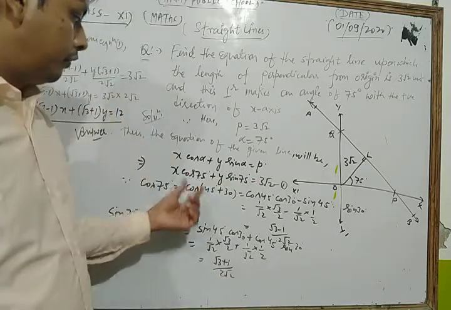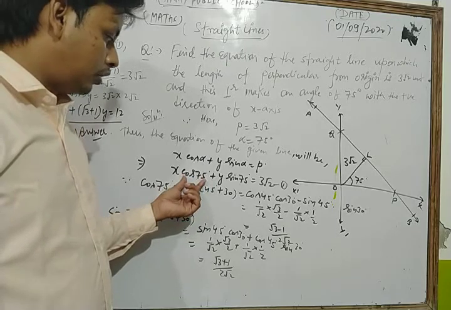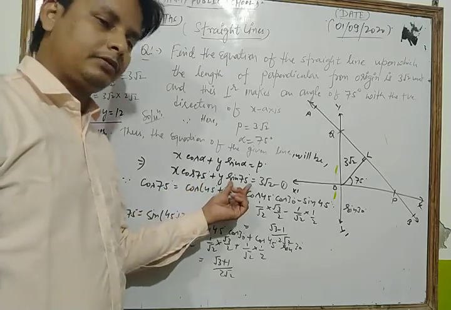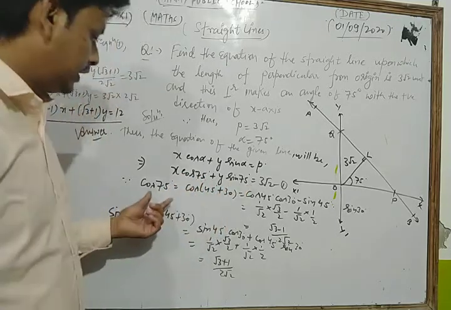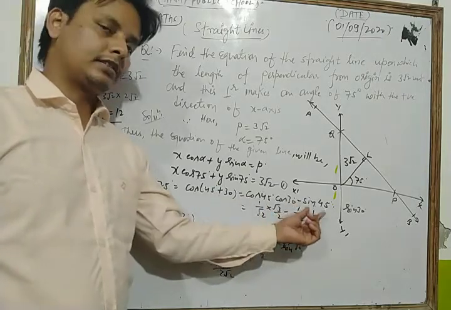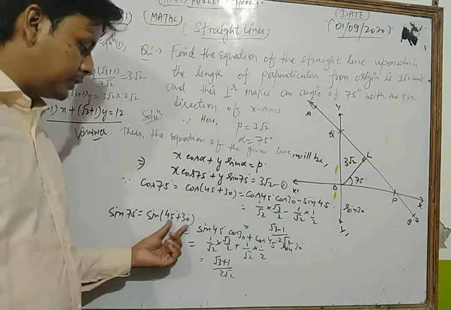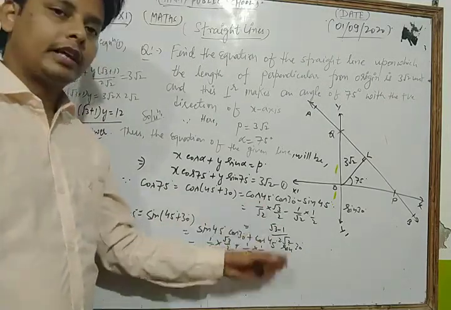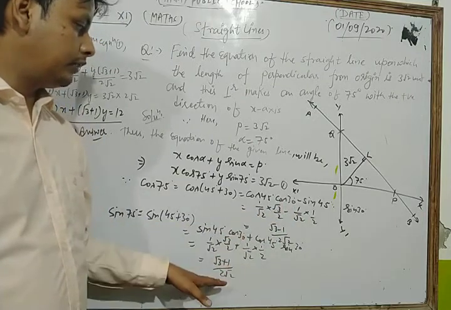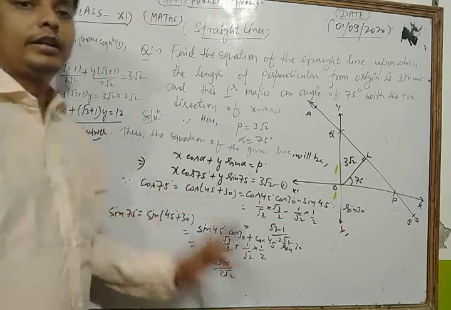After that, first we find the value of cos 75 and sin 75 according to the formula, writing cos 75 as cos (45 plus 30), cos a cos b minus sin a sin b. Similarly, we find the value of sin 75 as sin (a plus b). In that way, after putting all the values in equation 1 and solving them, we get our required equation of line.